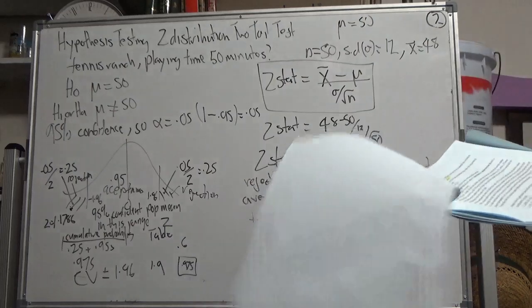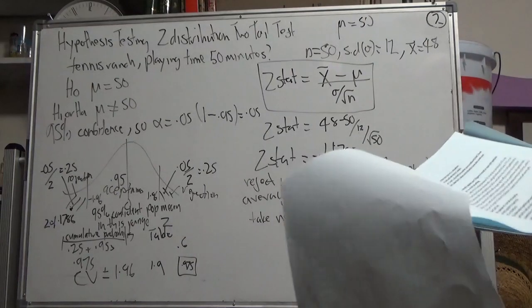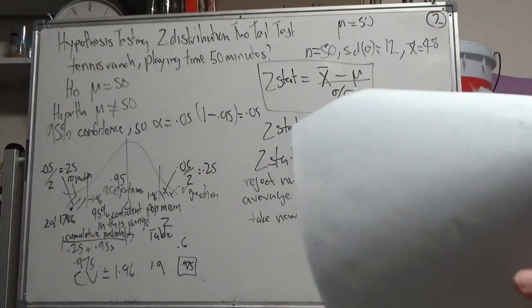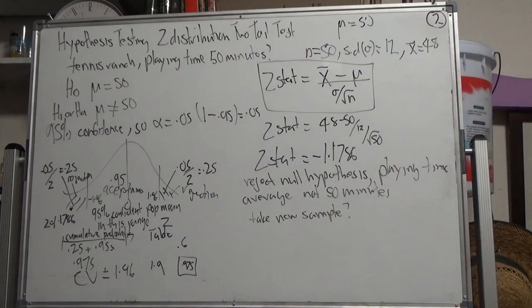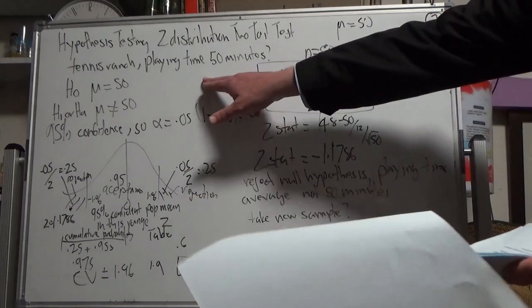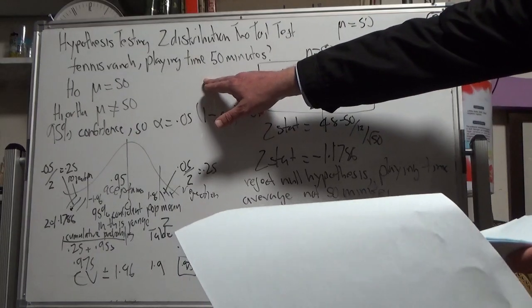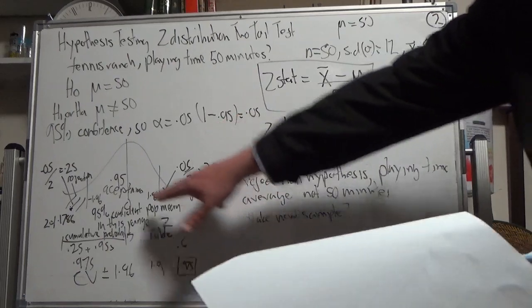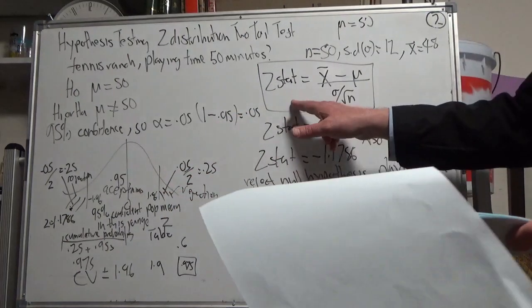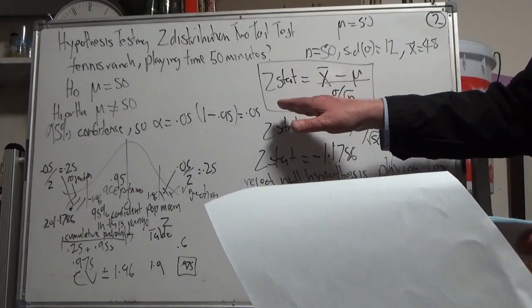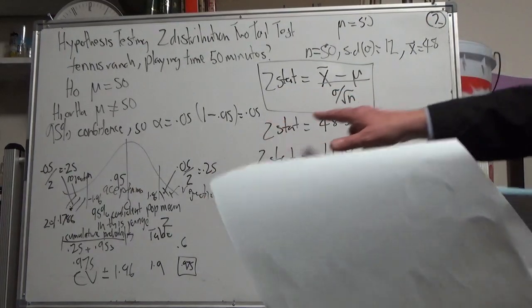So hypothesis testing is methodical. Your methodology is you set up your hypotheses, read the question carefully, set the level of significance, find the critical values, find the Z statistic. It's a normal distribution, so the Z table for the critical value.